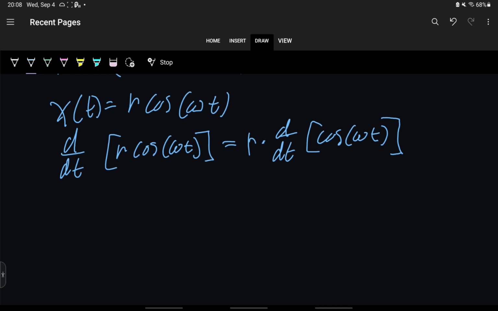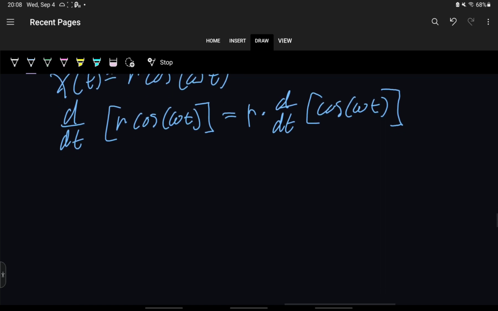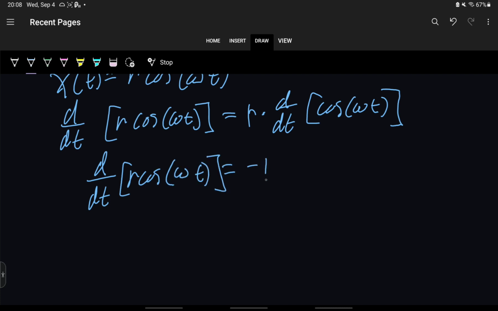The derivative of cosine omega times t is going to be minus omega times sine of omega t. So d over dt of r cosine omega times t is equal to minus r times omega sine omega times t.